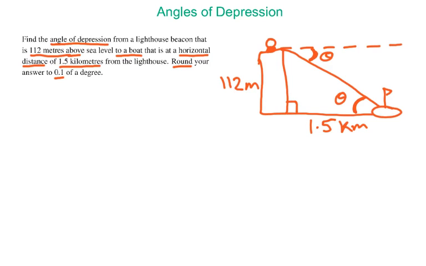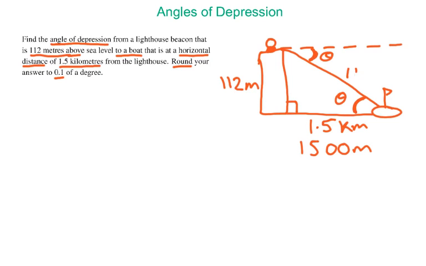Now there is 1,000 metres in a kilometre, so I'm going to change the kilometres to be into metres. So this is going to be 1,500 metres. Now that we're all in the same units, we can go and label our triangle. Because we're talking about the theta inside of my triangle, I'm going to use that to help me label it.